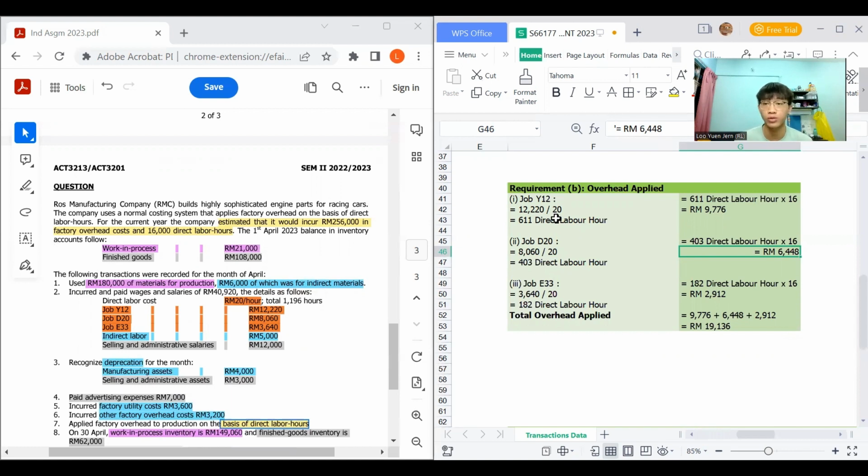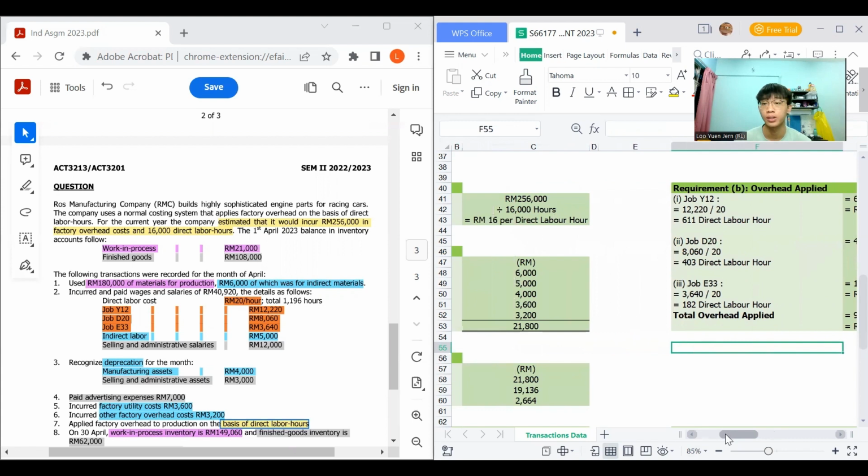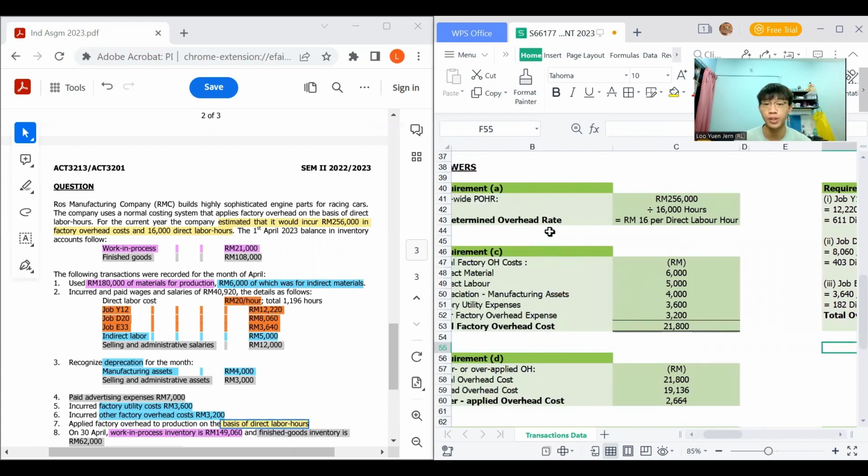For job Y12, we find 611 direct labor hours, for job D20, 403 direct labor hours, and for job E33, 182 direct labor hours. To find the overhead applied, we use the direct labor hours times the predetermined overhead rate, that is 16 ringgit.